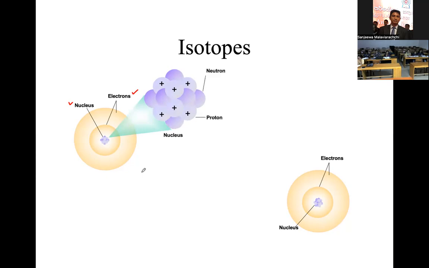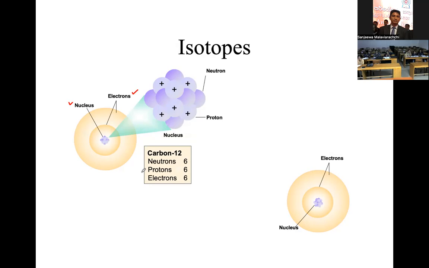In the nucleus, what you have is neutrons and protons, right? Neutrons are not having any charge, protons are having plus, and electrons are having negative charge. So this is the basic structure of an atom. For example, if you take carbon, you have 6 neutrons, 6 protons, and 6 electrons.